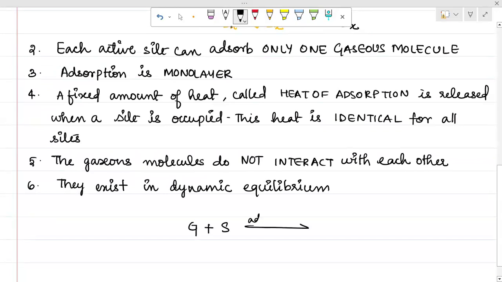Forward reaction is adsorption. Backward is desorption. And it forms GS. Right? Now, from this, let's build and come to the equation of Langmuir adsorption.